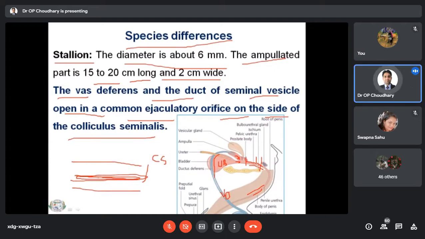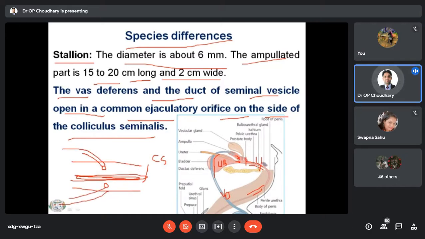So in case of the horse, there will be an opening here, and this opening is common for the duct of the seminal vesicle and the vas deferens. Suppose these are the two vas deferens.